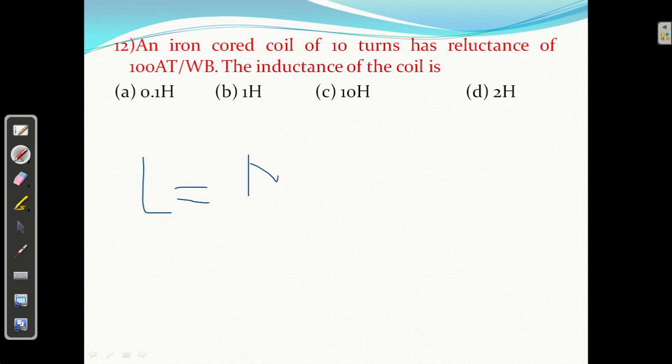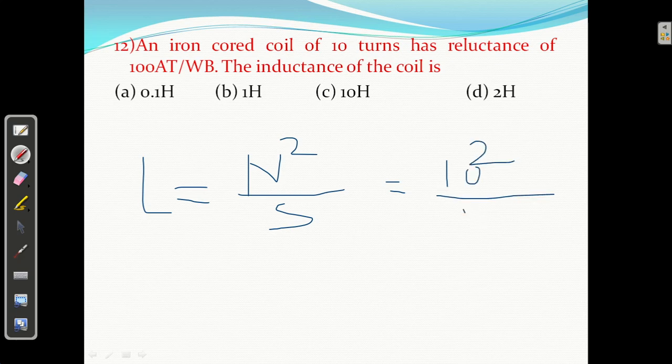N square upon S. This is the second definition. N is given, 10 square means 100, upon S is given, 100 ampere turn per weber. So 100 upon 100 is 1. That is the correct answer, B, 1 Henry. Okay, question number 13.